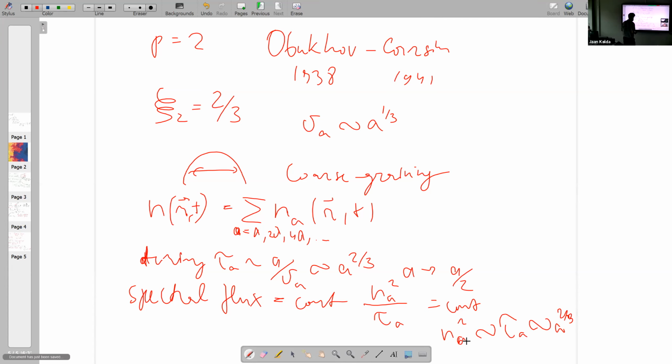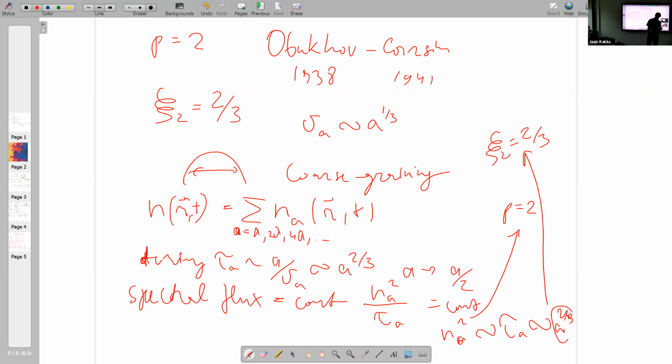So it corresponds to the case of delta n to the power p, for p equals 2. And from here we conclude that psi of 2 equals 2/3, which we have over here.